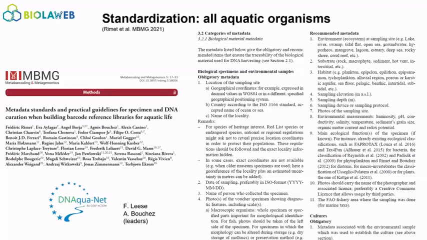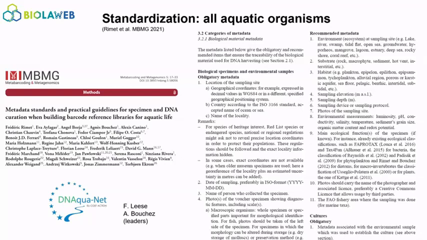And the idea was to set the different metadata which were important to add in the reference libraries. And we put all this information in this paper that you can find in MBMG. And this paper was really, I would say, an output from DNAqua-Net, this European COST action.